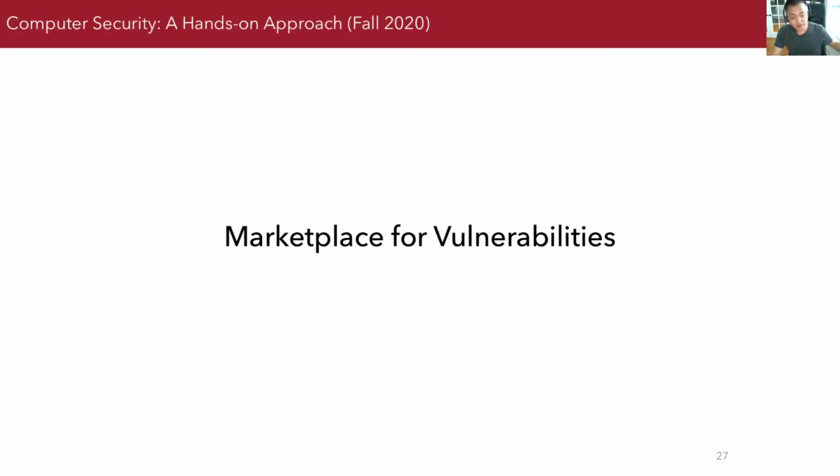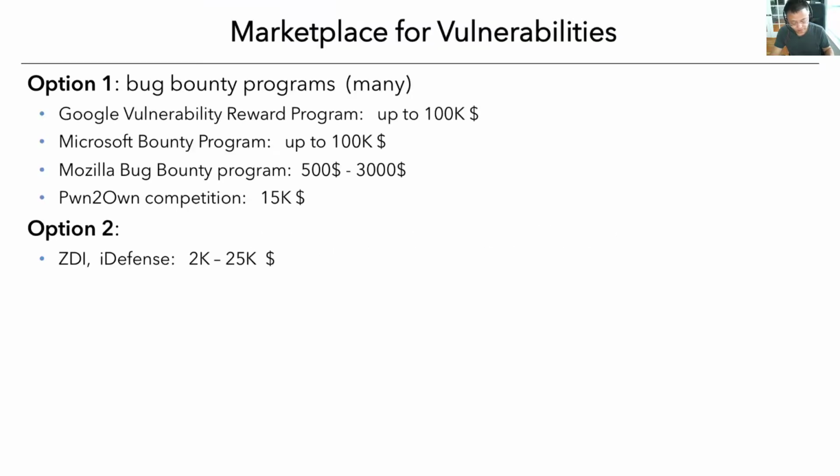Okay, so let's quickly talk about the vulnerability marketplace. For vulnerabilities, there are several options. The first is a bug bounty program. With a bug bounty program, basically the software vendor will say, we will pay you some money if you give us your exploits, instead of you selling them.